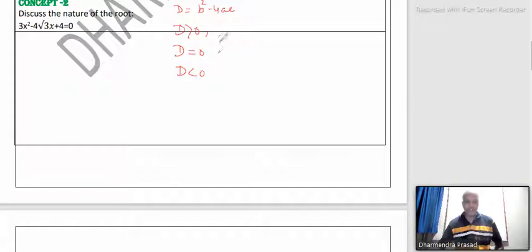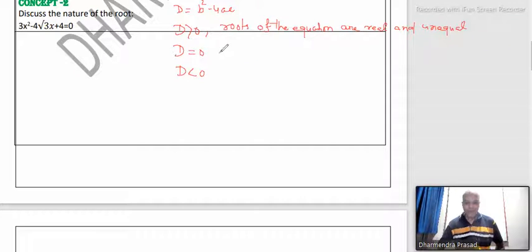If D is greater than 0, in that case we will say the roots of the equation are real and unequal.